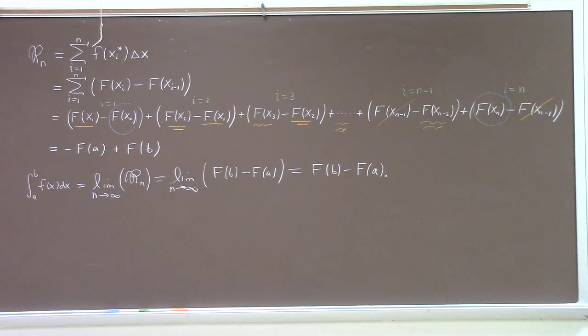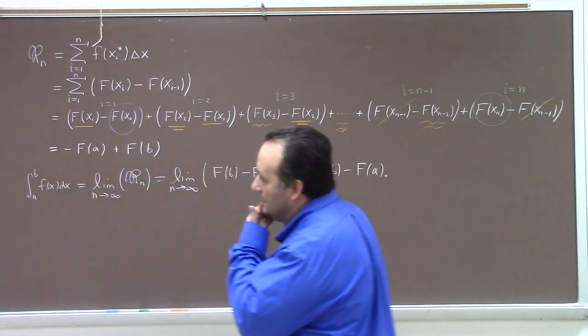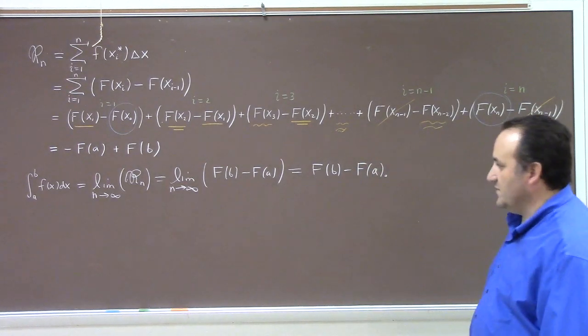It's really weird that the area is completely determined by the values of the antiderivative at the end and at the beginning subtracted, isn't it? Why doesn't the area of the function depend more on what happens in between a and b? Why does the formula just involve a and b? What about everything in between? Well, somehow those things cancel out, you know? But anyway, there you go.